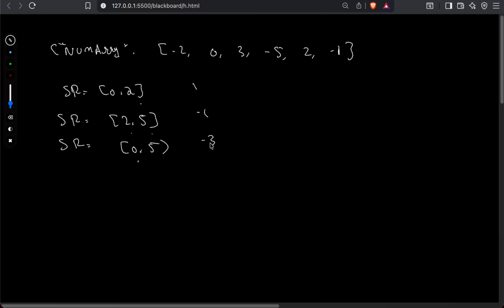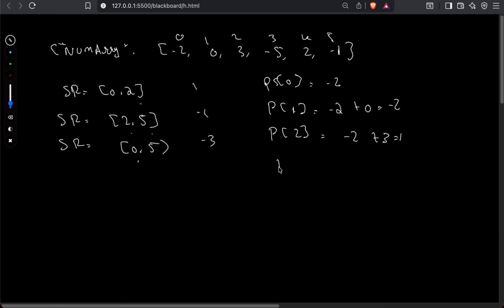First let's compute the prefix. Prefix of 0 is negative 2. Prefix of 1 is negative 2 plus 0, negative 2. Prefix of 2 is negative 2 plus 3, which is 1. Prefix of 3 is 1 plus negative 5, negative 4.